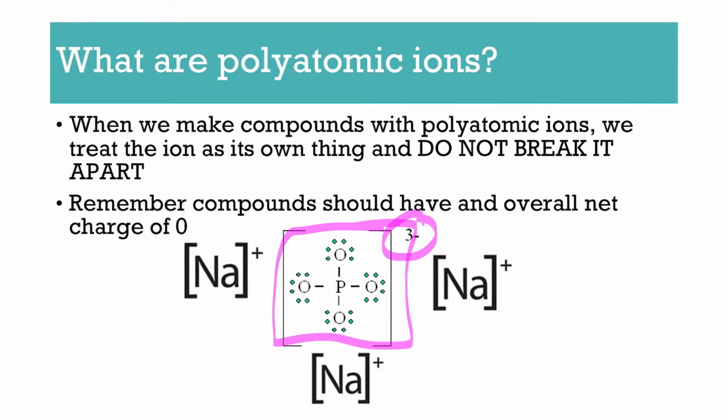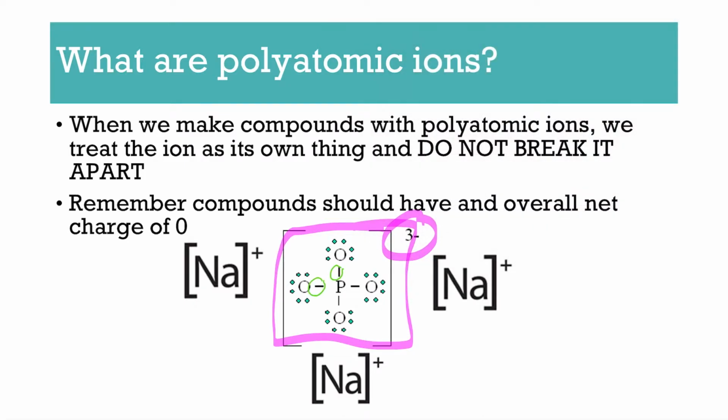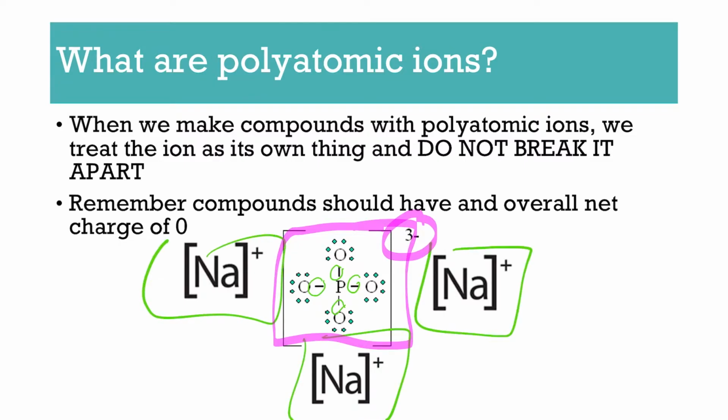Our compound has to have an overall neutral charge. But here we can see these shared electrons, this covalent bond. But here we also have 3 sodium ions. So this triple bond is your ionic. So you have ionic bonds, you have covalent bonds. And if you have 3 positive ones, you cancel out the -3, so your overall compound again is now 0.